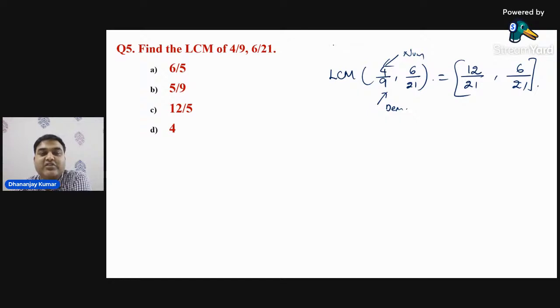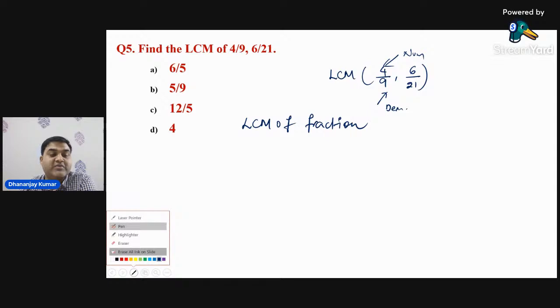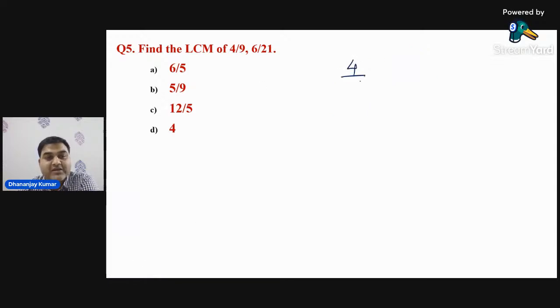Instead of doing all those methods, I'll give you an easier method. Whenever the LCM of fractions has to be found, any fraction, you just remember this formula. 4 by 9, 6 by 21, find the LCM of this, it is told.